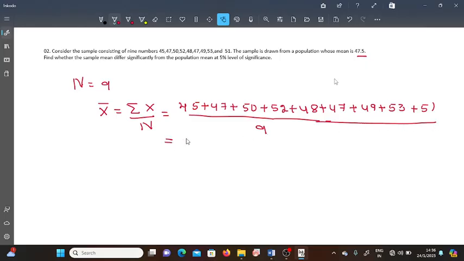By using a calculator, if we simplify this equation, we get the sample mean as 49.11. And also we need to find the sample variance, that is summation over (x minus x bar) whole square by n.